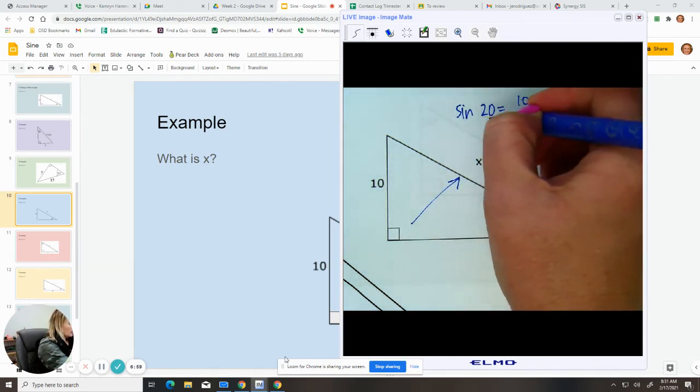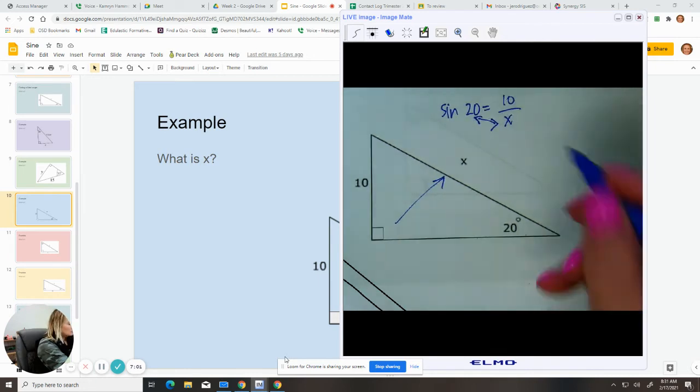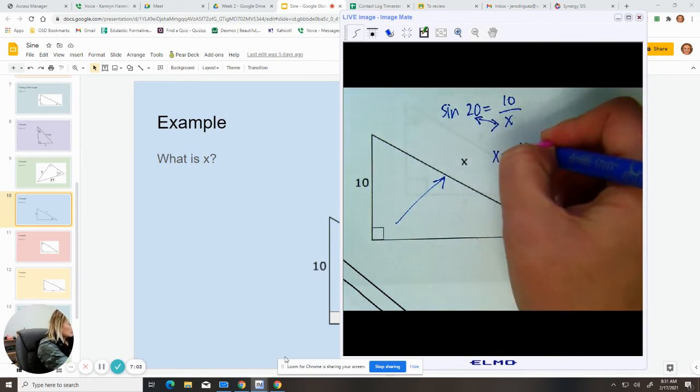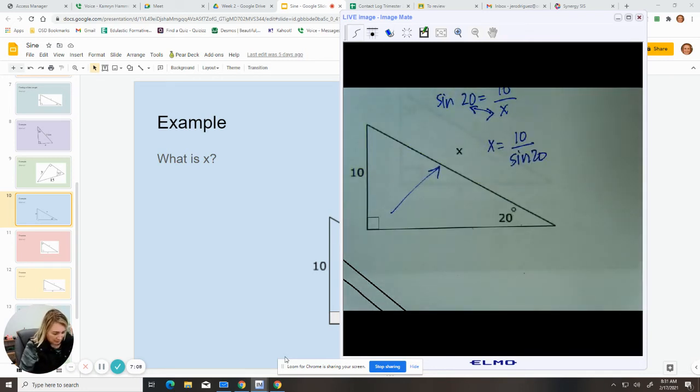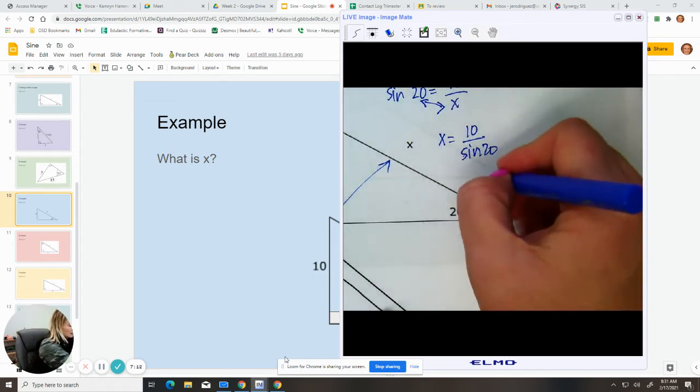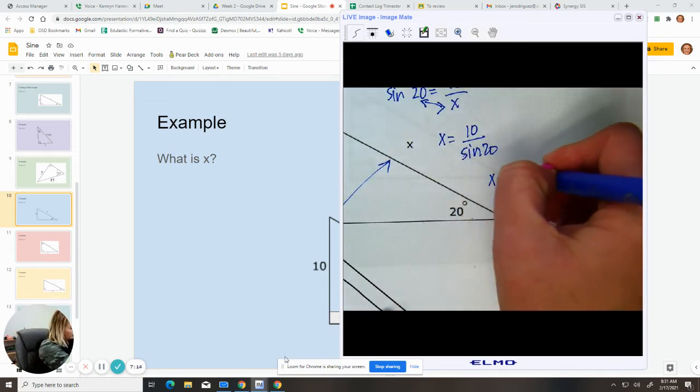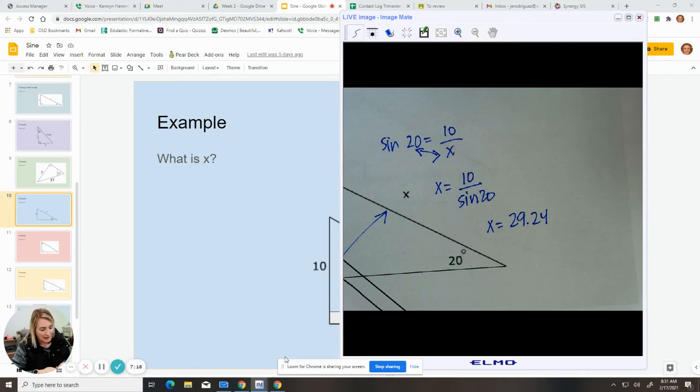And this is where we are going to replace these two so that x is going to be 10 divided by the sine of 20. And when I get that, I should get x is equal to 29.24. It actually says 238, and we would round that to 24.